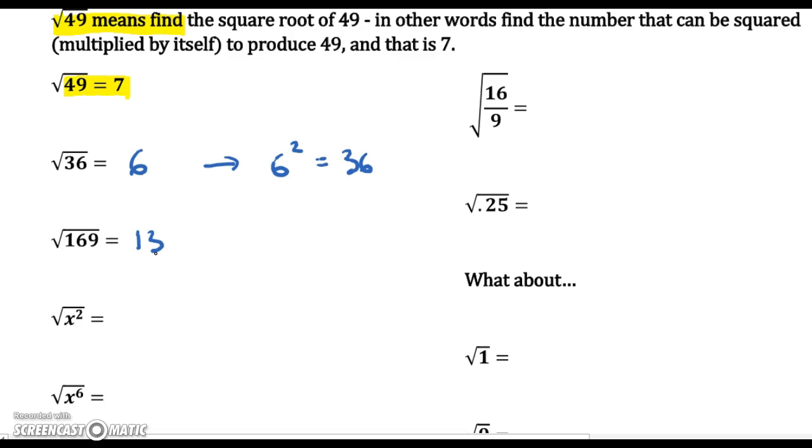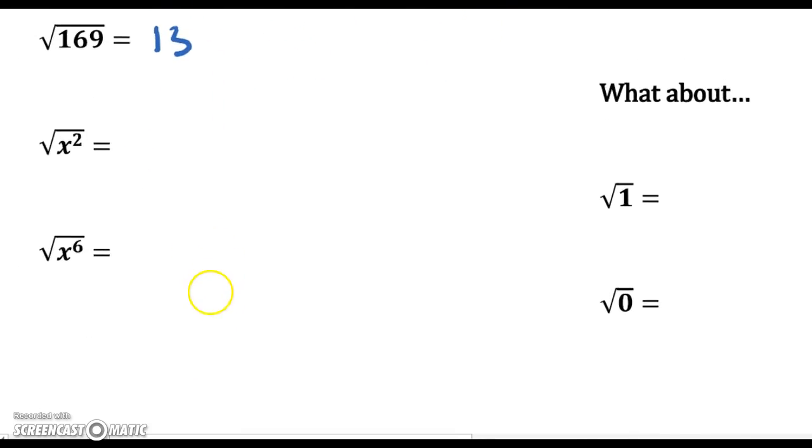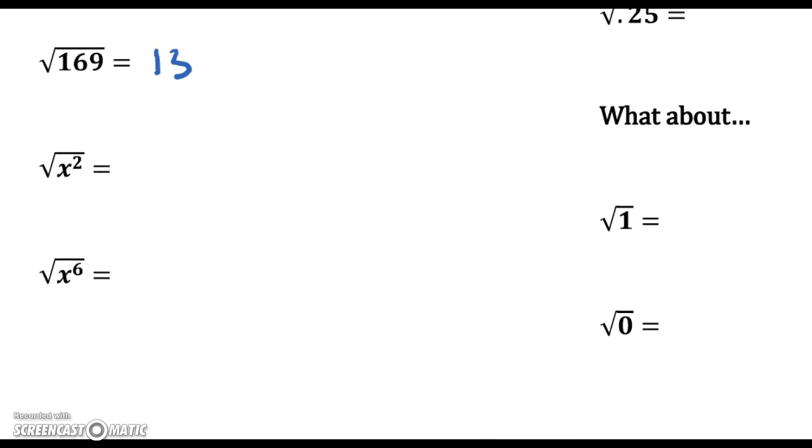Okay, now we're going to look at a slightly different one down here, the square root of x squared. Again, the way we think about it, what can I square to get x squared? The answer in this case is x. And if you're not sure, you can always check. When I multiply x times x, I get x squared.